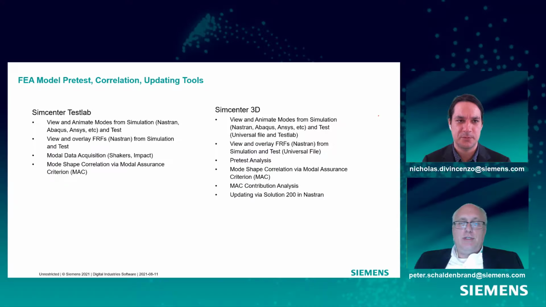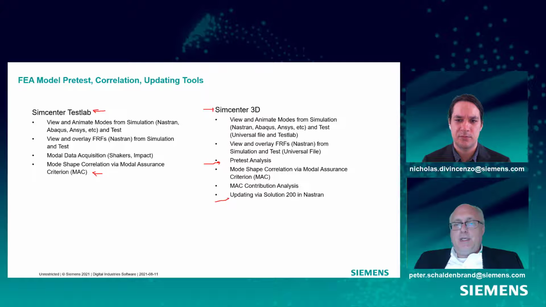So as you suggested, we got a tool, and just to kind of point things out, SimCenter Test Lab allows you to view and animate modes from simulation or test. It lets you do MAC, typically done on test. We're going to use a tool here for a second called SimCenter 3D that has some additional capabilities. I'm going to show you this pretest capability.